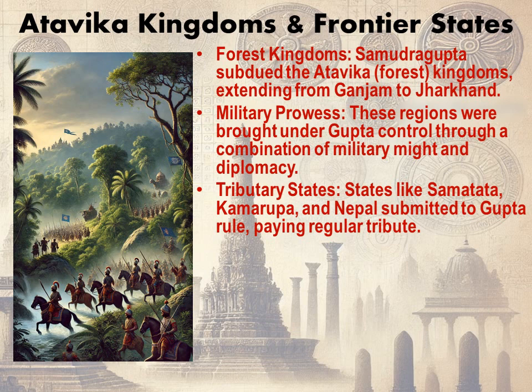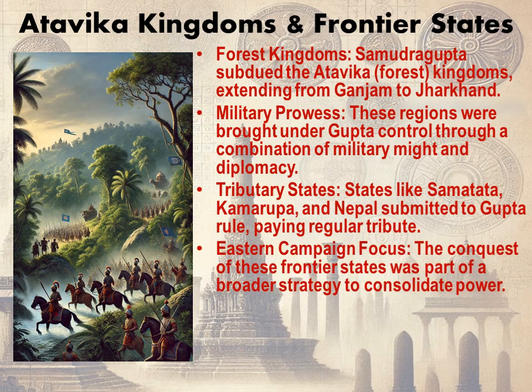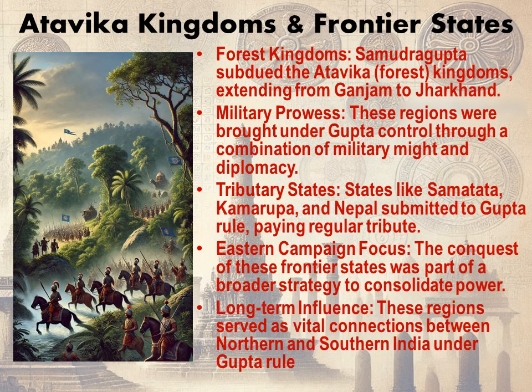So, all these states like Samatat, Kamrup, and Nepal were under the Gupta rule and they paid regular tributes. The conquest of these frontier states was part of a broader strategy to consolidate power. So, all the frontier states which were conquered were a part of his strategy to consolidate power.